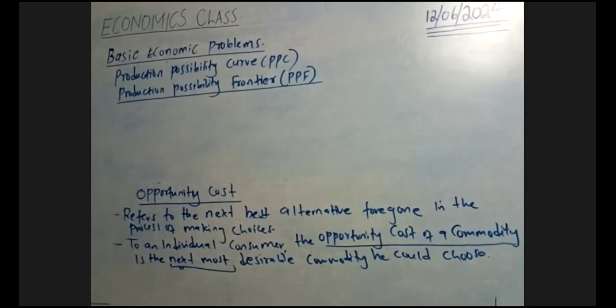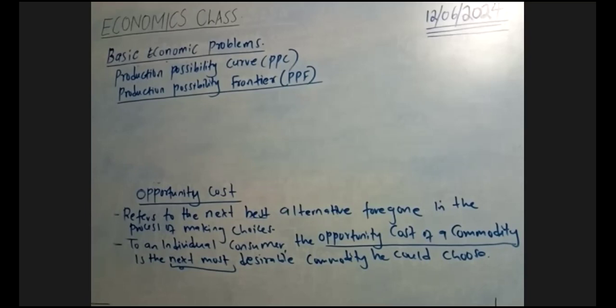So the government is producing two goods, and we need to know at which level we should produce good X and good Y given a specific level of resources, in order to utilize the resources effectively.